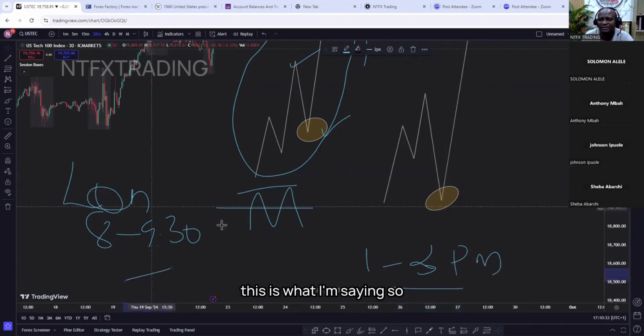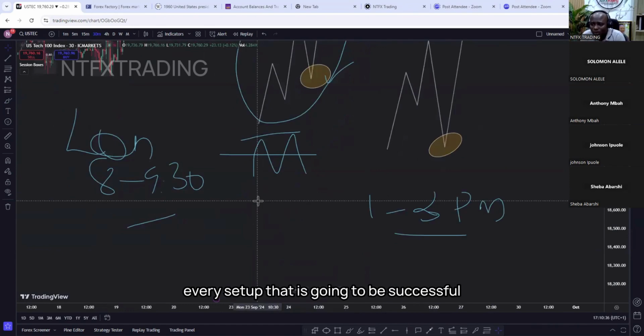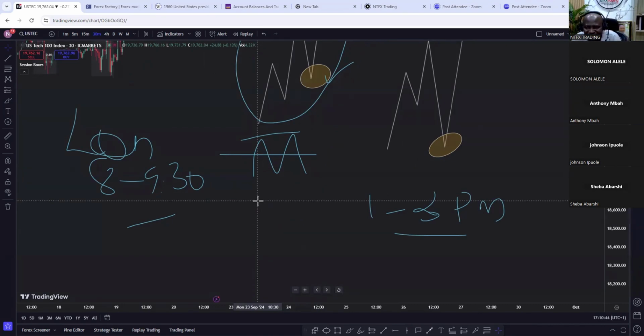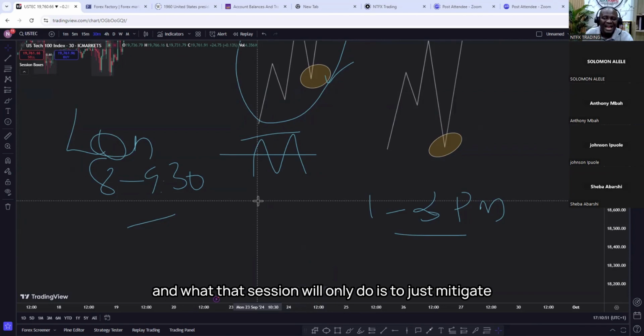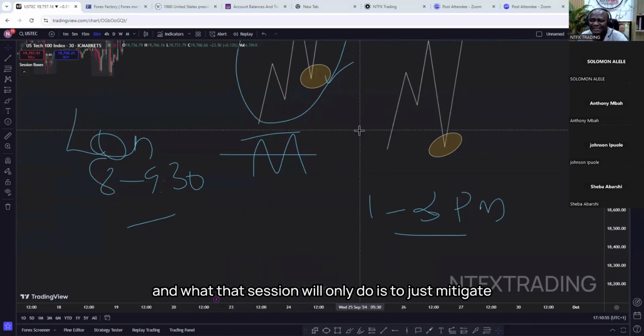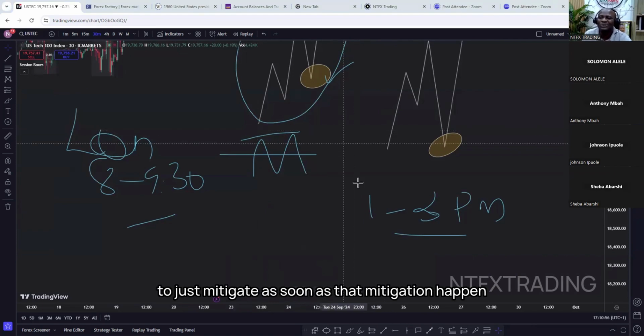This is what I'm saying. So every setup that is going to be successful must have had a structure that is created in waiting for that session. And what that session will only do is to just mitigate.